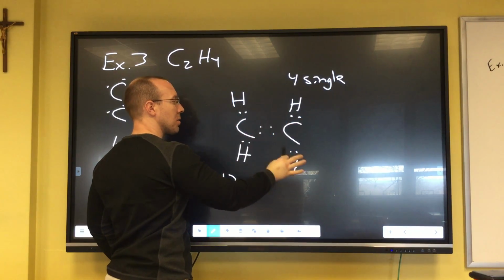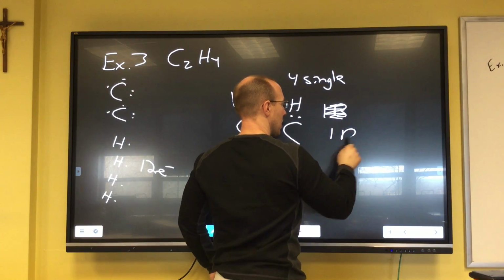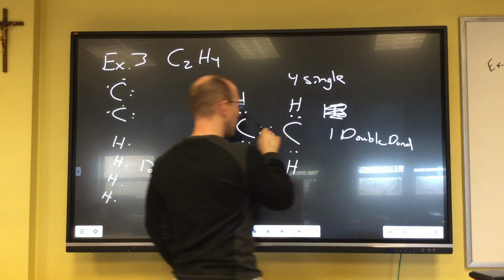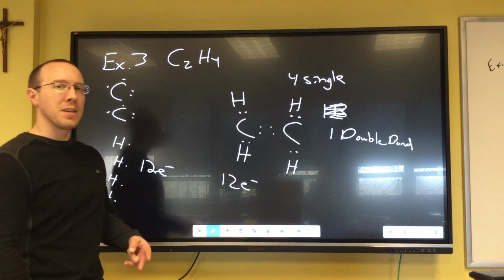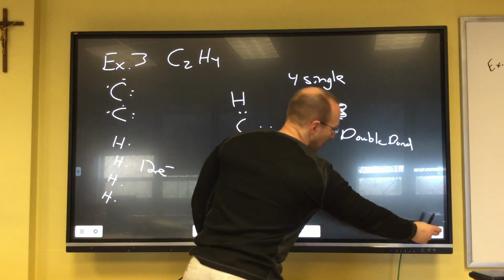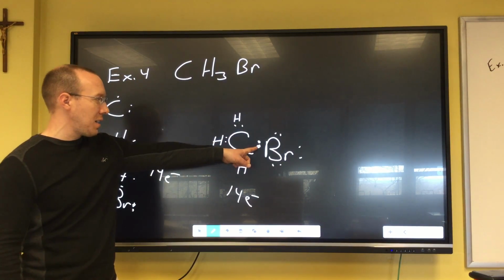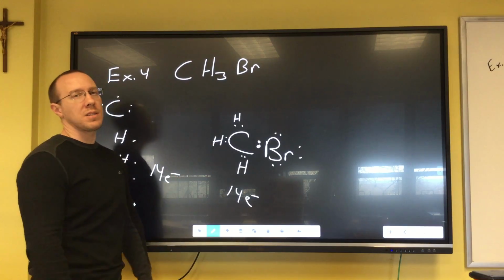So single, single, single, single, and this is 1 double bond. The double bond's right here in the middle. You have 2 pairs. 2 pairs means it's a double bond. And then lastly, this one, we have a single, a single, a single, and 2 electrons, 1 pair, single. So we have 4 single bonds in that one.